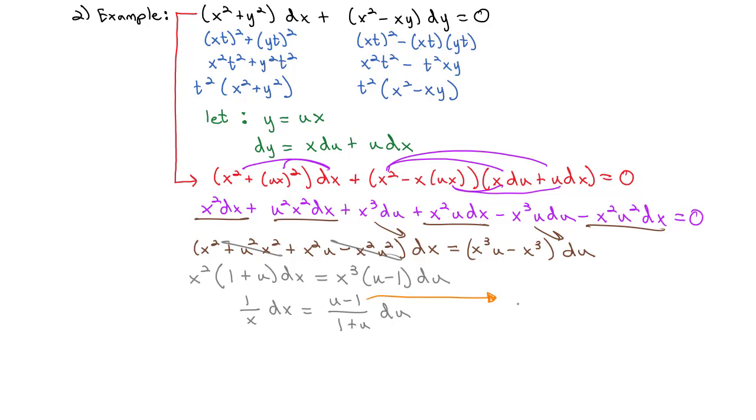I'm going to take u plus 1 and divide it into u minus 1, which goes in there once, gives us a u and a 1, so we have a negative 2 remainder, so that's negative 2 over u plus 1. That's going to be easier to integrate. So we actually have 1 over x dx is equal to 1 minus 2 over u plus 1, du.